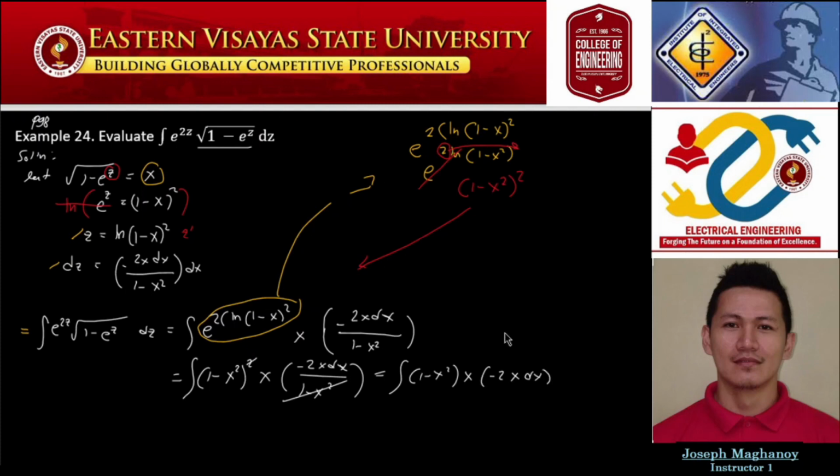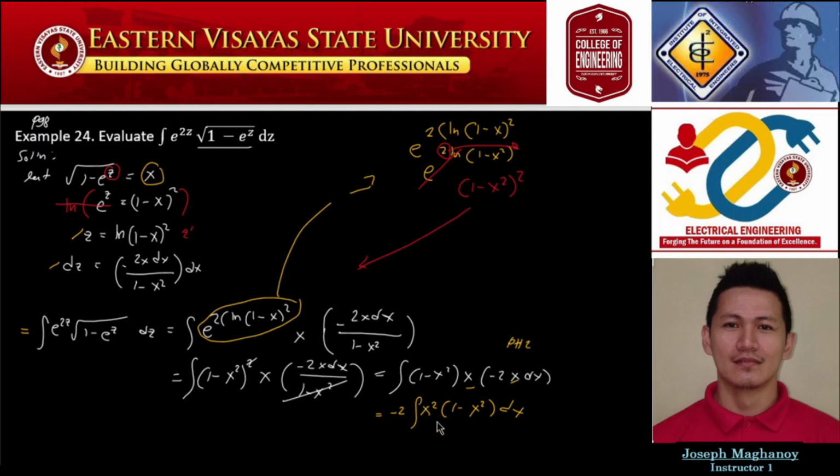So we apply property number 2 here, so we carry out the real number constant, negative 2. We have x and x, that would be x squared, and your quantity 1 minus x squared, and of course your dx.